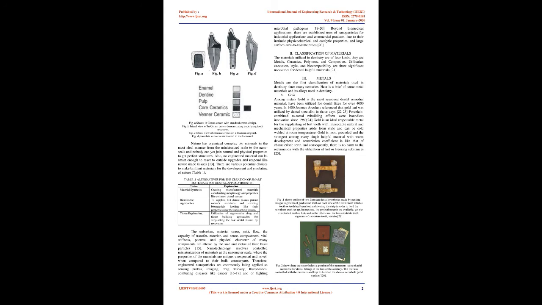Gold is an ideal noble metal for the replacing of lost teeth with impeccable biological and mechanical properties aside from aesthetics, and can be cold welded at room temperature. Gold is the strongest among all restorative materials with a thermal expansion and contraction coefficient similar to that of natural teeth, and consequently, there is no harm to the restoration with the use of hot or freezing substances.